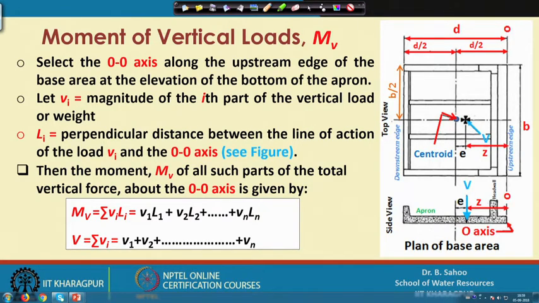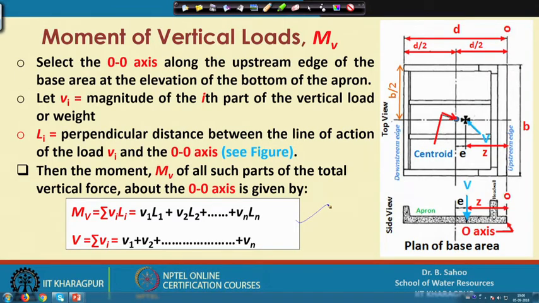So, these are called Vi, and they are acting at a perpendicular distance between the line of action of the load Vi and the axis O, equal to Li. Then the moment Mv of all such parts of the total vertical force about the O axis can be given by this equation.